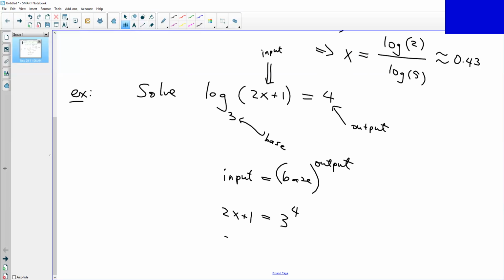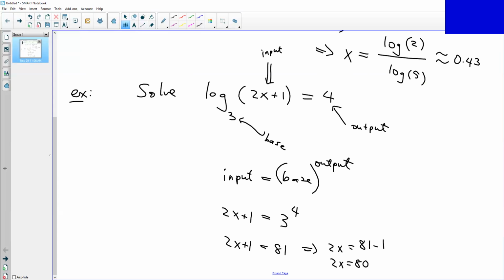So 2x plus 1 equals 3 to the 4th power, so you multiply four 3s, which is 81. Then I'll subtract 1 from both sides. So 2x equals 81 minus 1, 2x equals 80.